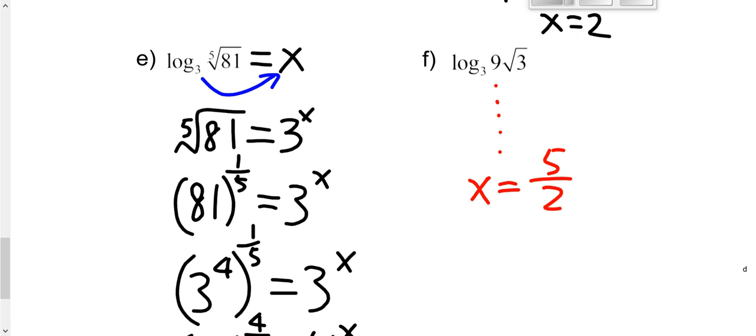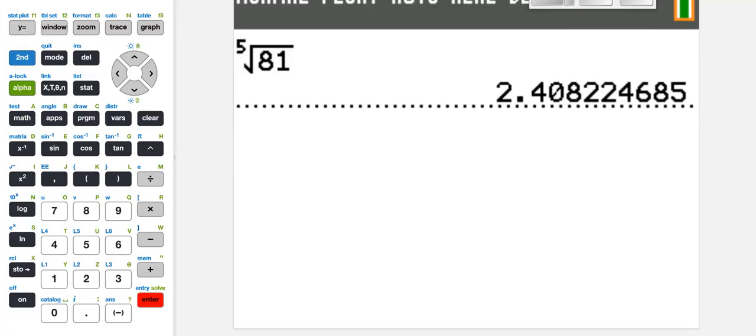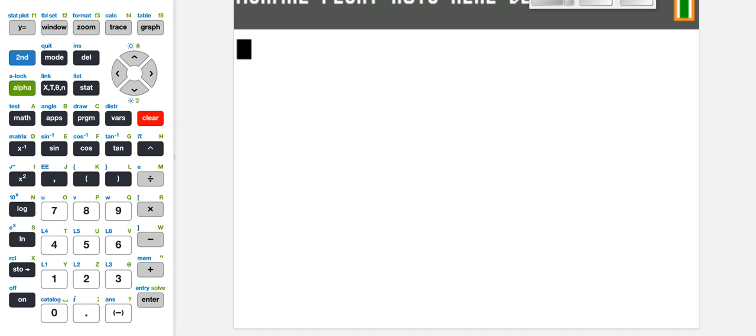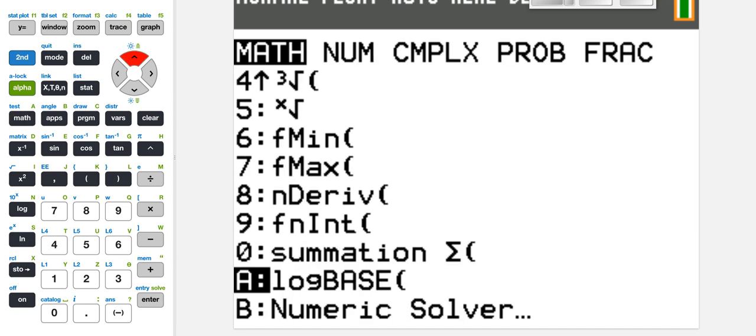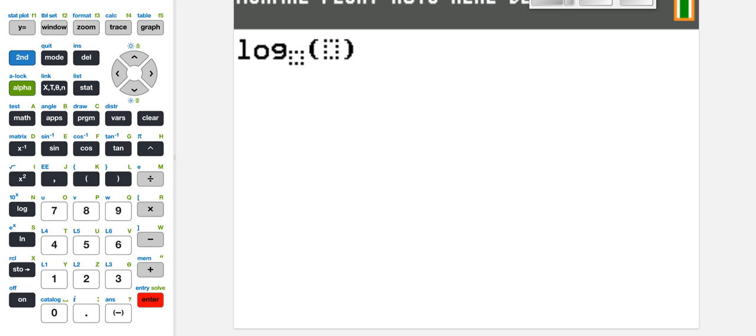Or maybe I should go back here, at least show you how to punch all this in your graphing calculator, because I wouldn't be surprised that some of you may not know how to do this. So now if you do this, math, second last option, so log base 3, and then the fifth root of 81.